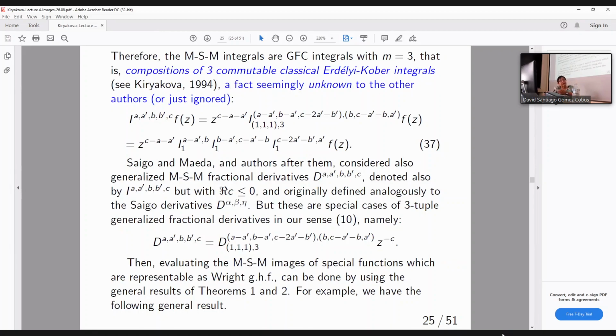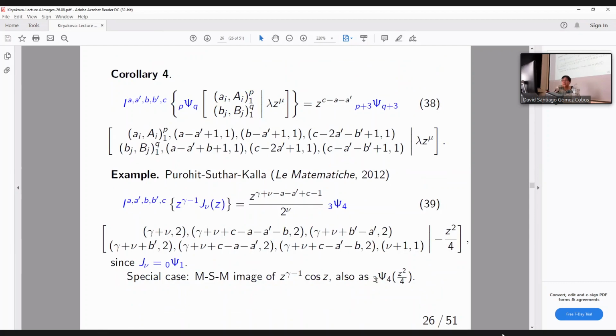So we can make three steps, and the same for the derivatives. And we find the general result that the Marichev-Saigo-Maeda operator of a p psi q function is the same kind of function where p and q are just increased by 3, and this adds 3 additional terms in the parameters, of course, that depend on the indices of this operator. Some examples of works on this.